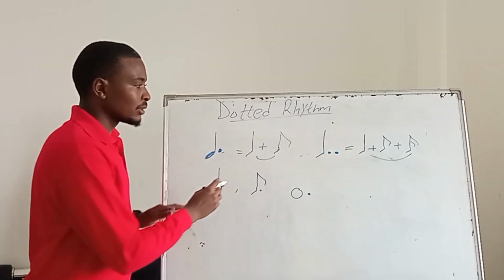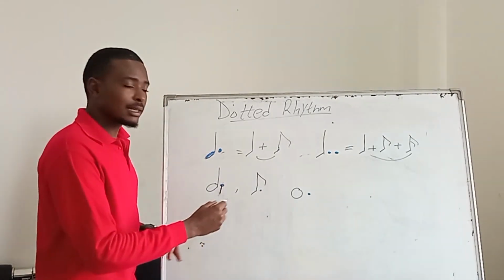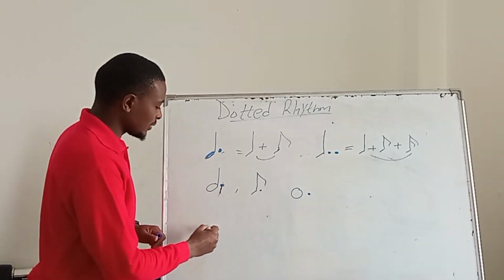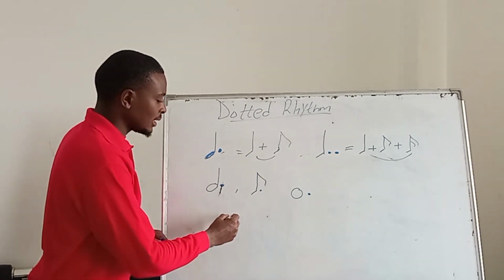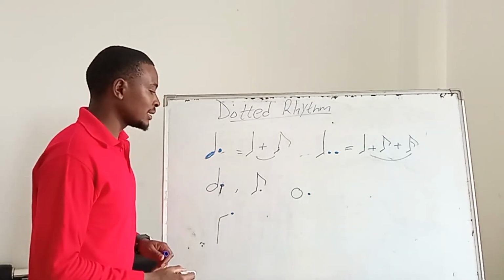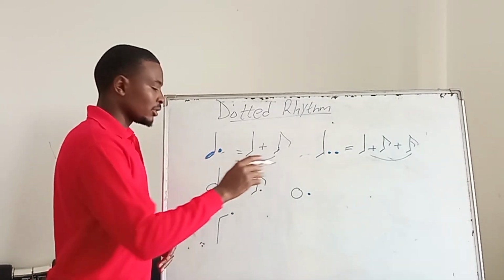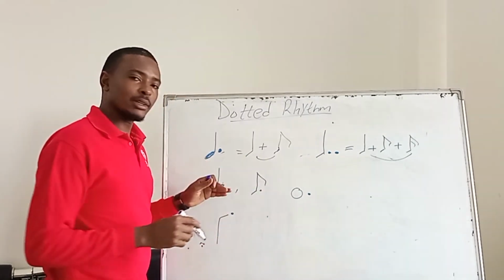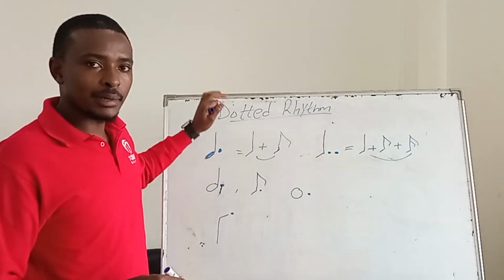If you are writing this on the staff, then past the third line of the staff, you will find that your crochet will be inverted. And then the dot always remains on the right hand side. For all the inverted notes, make sure that the dot is always on the right hand side, same as those that have an upright stem.